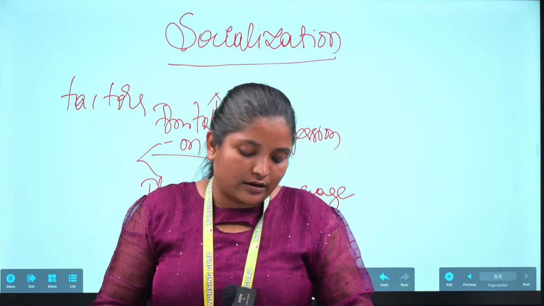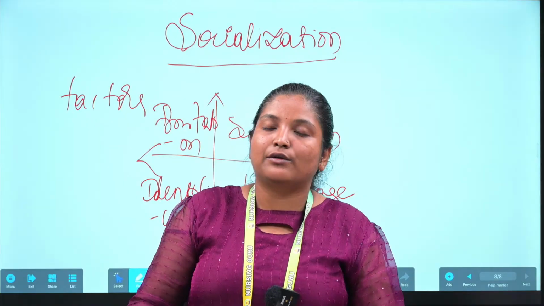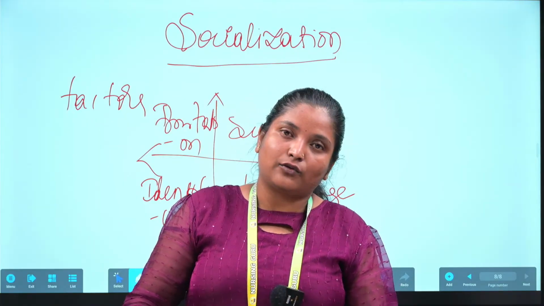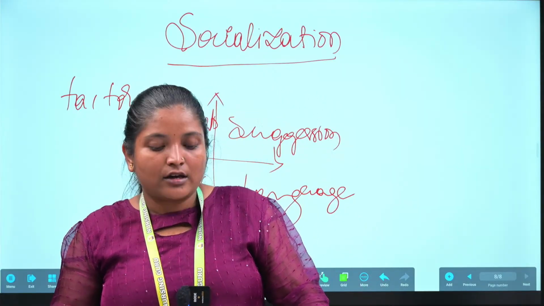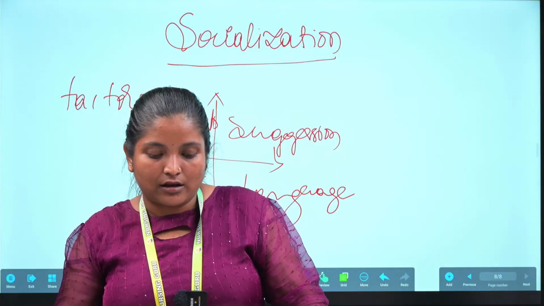The next one is that it regulates the behavior of an individual. This helps you build good behavior or conduct as a human being. Next, it is individualized in nature. Socialization is variable.